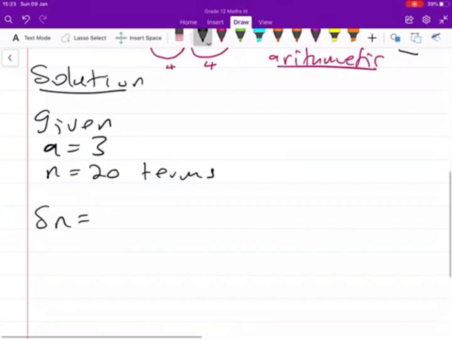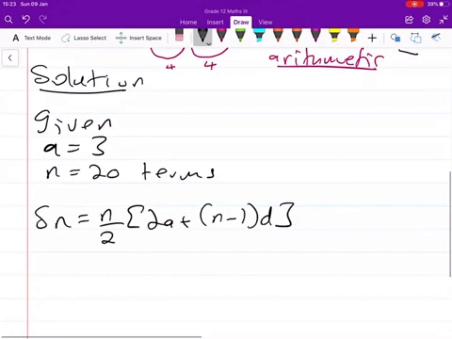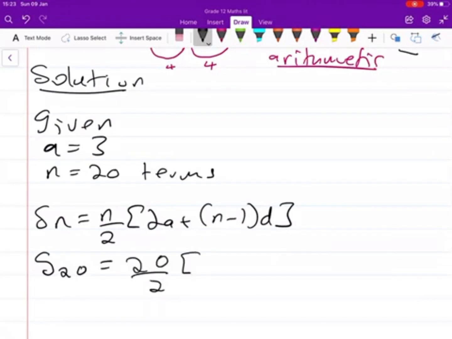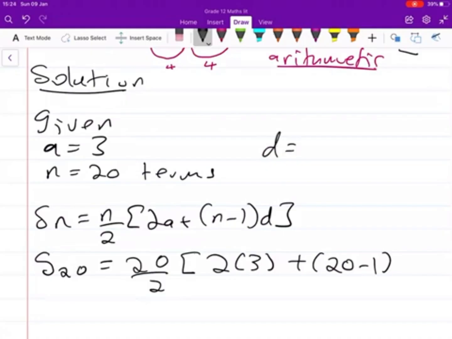So Sn equals n over 2 (2a plus (n minus 1)d). All right, so how many terms are here? There are 20 terms. Wherever I see n, I put 20. What is my first term? My first term is 3. How many terms are there, guys? There are 20 terms, minus 1. And of course, the common difference, we have just established that the common difference is 4.